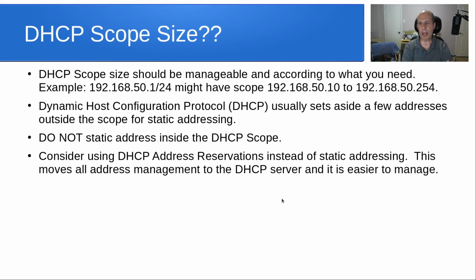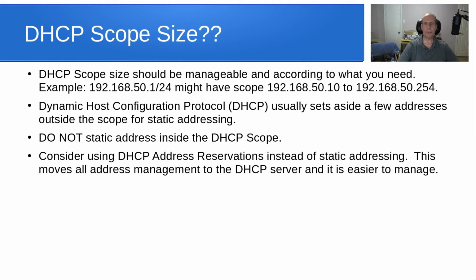This moves all address management to the DHCP server and is easier to manage. Rather than setting up a new machine and saying, well, I don't really want this thing to have a dynamic address, I want it to have the same address all the time, instead of going into the operating system and statically addressing that thing at, say, .100, go into your router, locate the system when it comes up at whatever address, tag that system, change it at the router end to whatever address, and then say that you want to keep that address.